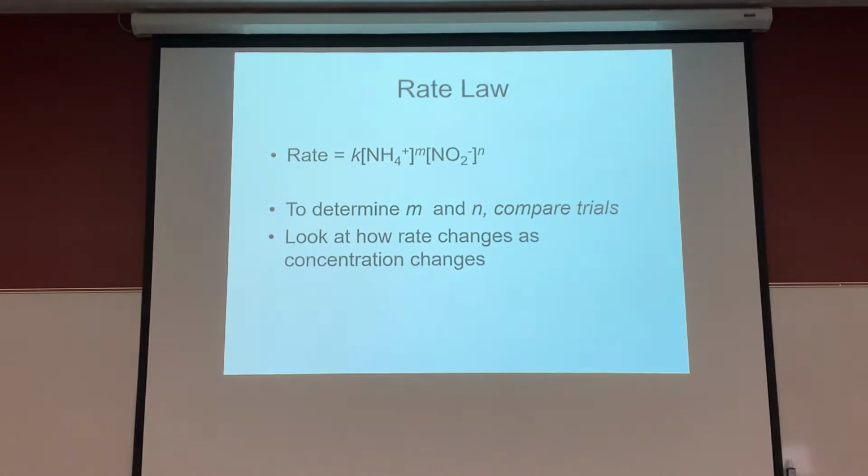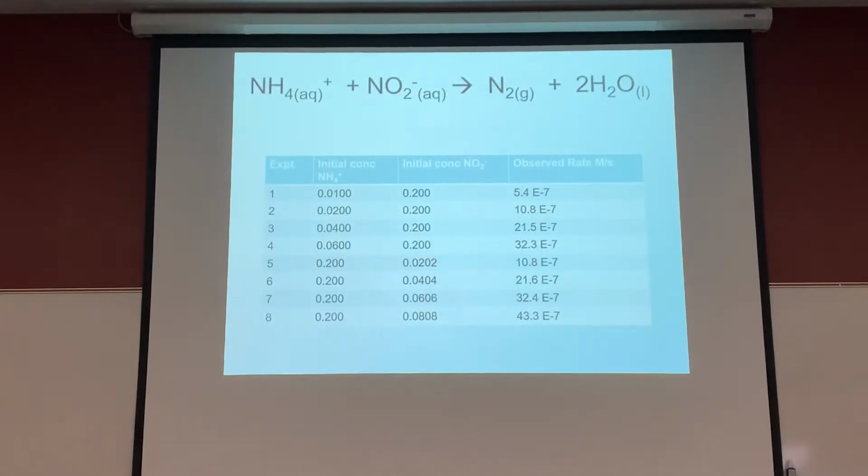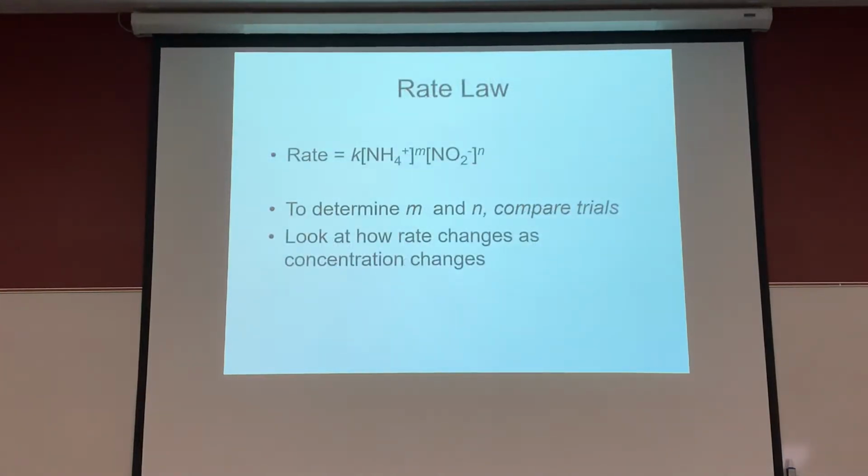All right, this is called the method of initial rates, and the data set on the next slide looks like this. Okay. Here's how you deal with it. I'm only going to be interested in, for the next slide, the value of m and the value of n. Okay.